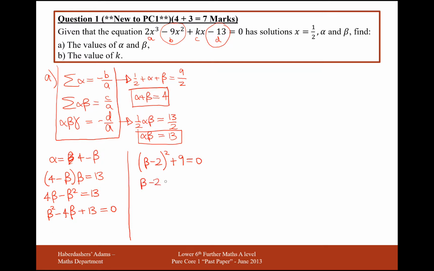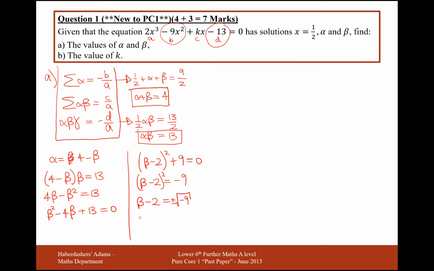Beta minus 2 squared equals minus 9. Now square rooting here, it looks like I'm going to be square rooting minus 9. The only way I can square root minus 9 is to move into imaginary numbers. So beta minus 2 equals the square root of minus 9, and it's going to be positive and negative from there.